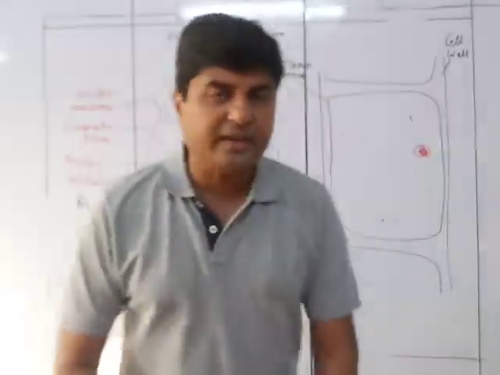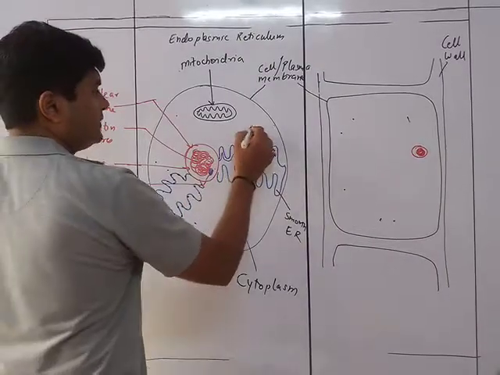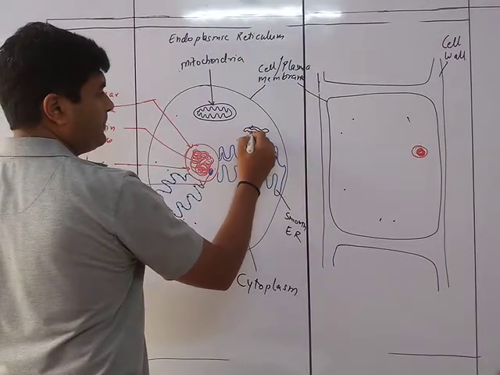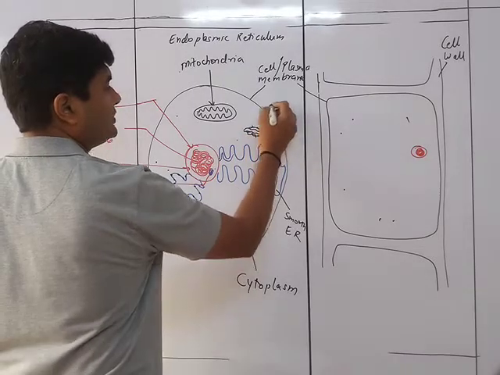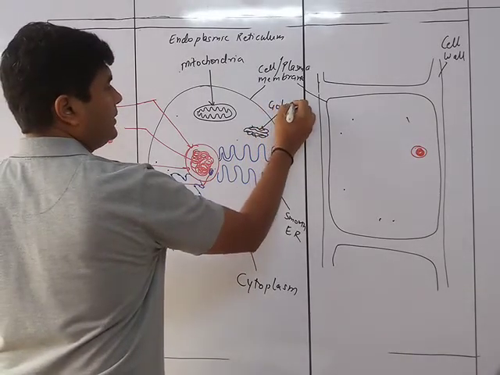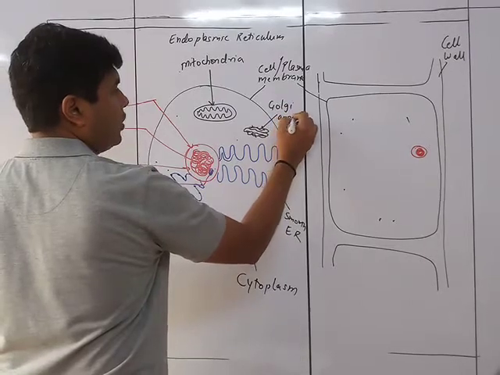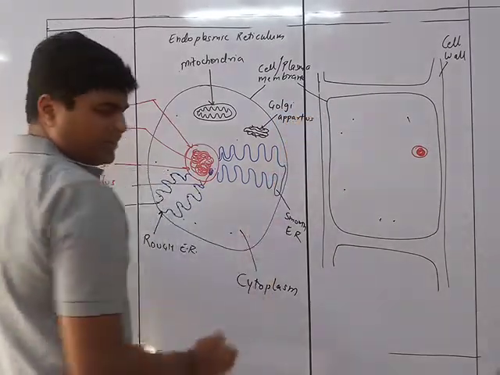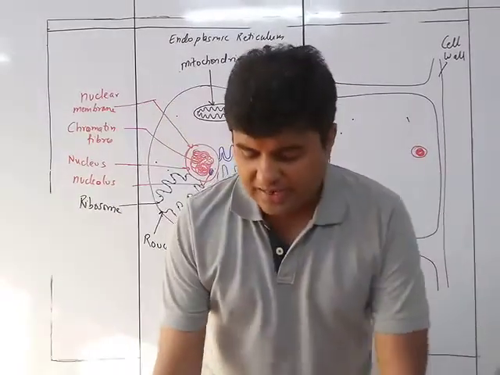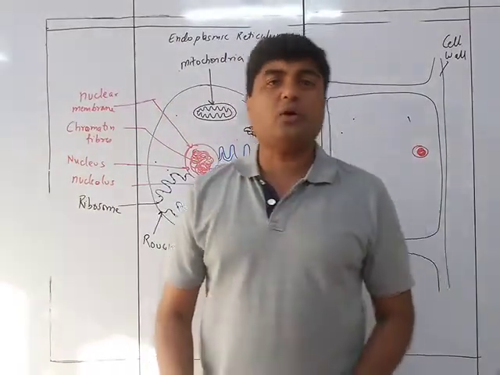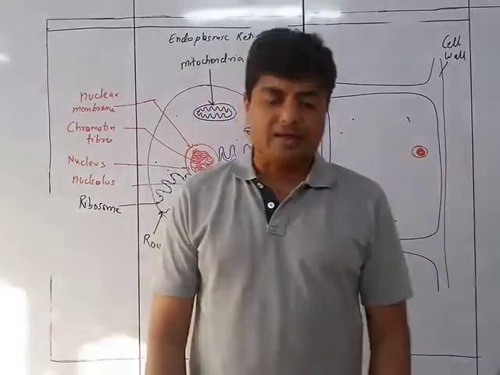The next we see is some shapeless bodies over here, like this. These bodies are called the Golgi apparatus or Golgi bodies. Golgi apparatus and Golgi bodies are one and the same. Now these Golgi bodies are present in plant cells also, but they are not called Golgi bodies there.